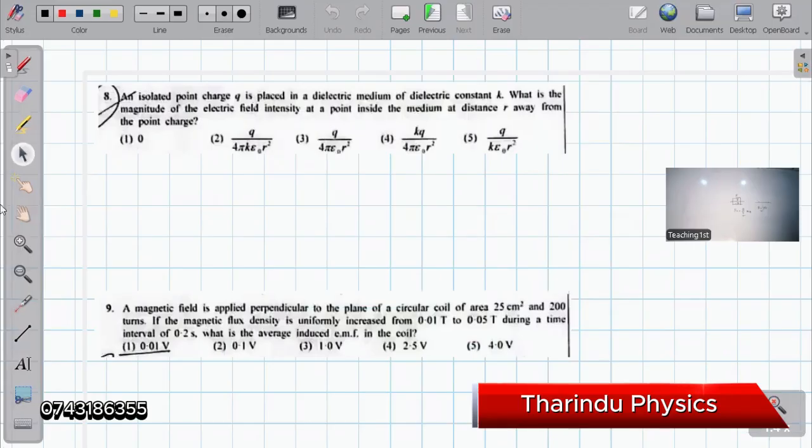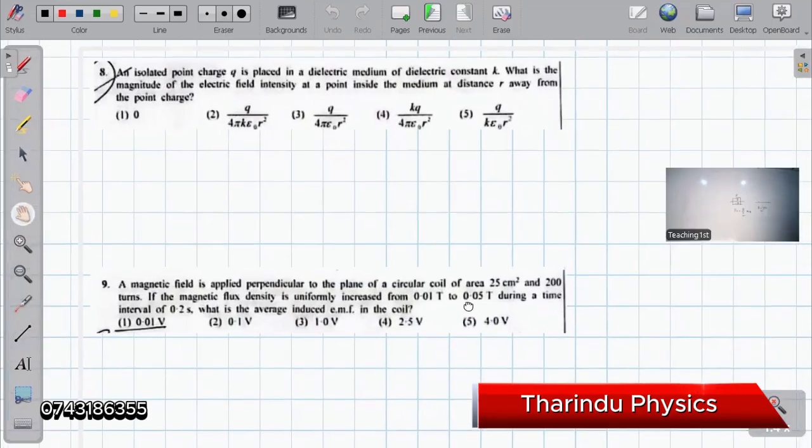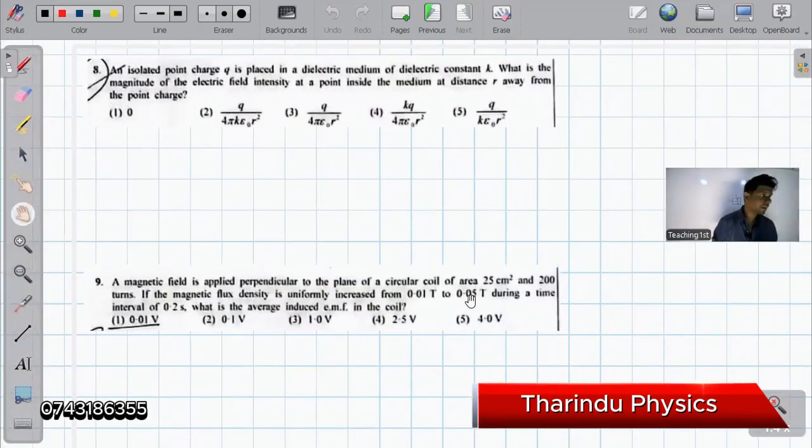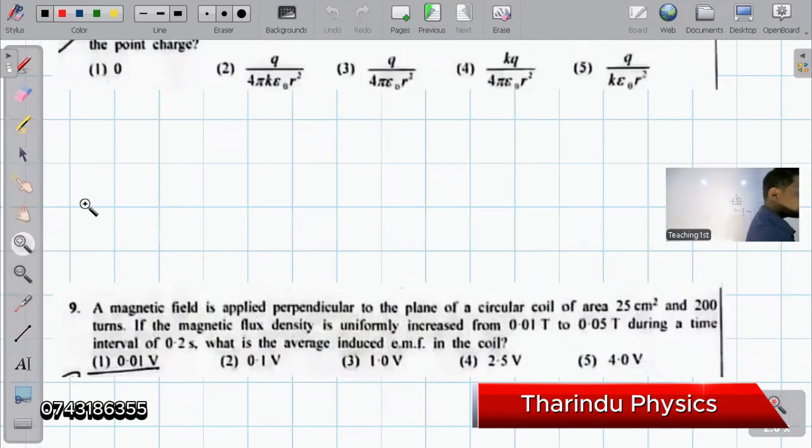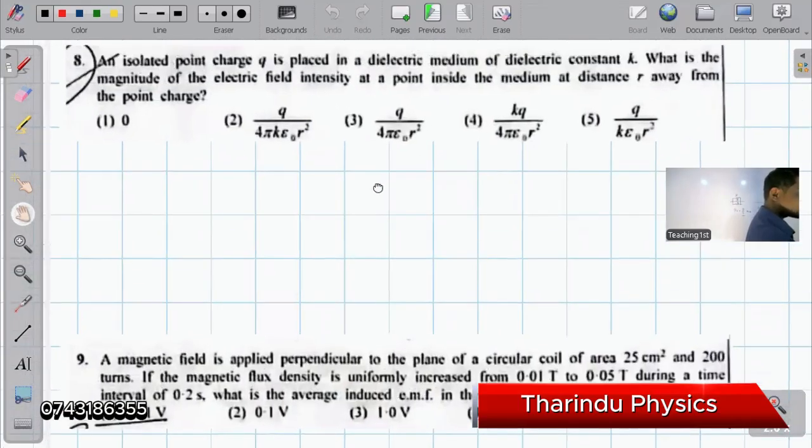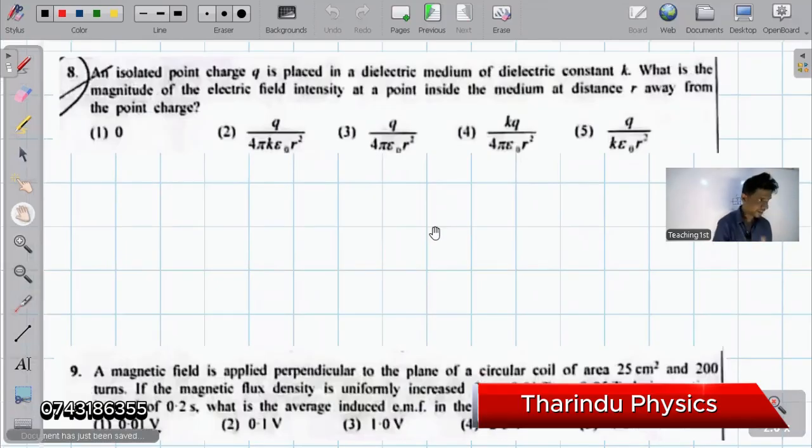An isolated point charge Q is placed in a dielectric medium of dielectric constant K. What is the magnitude of the electric field intensity at a point inside the medium at distance r away from the point charge? Let me read that question again.